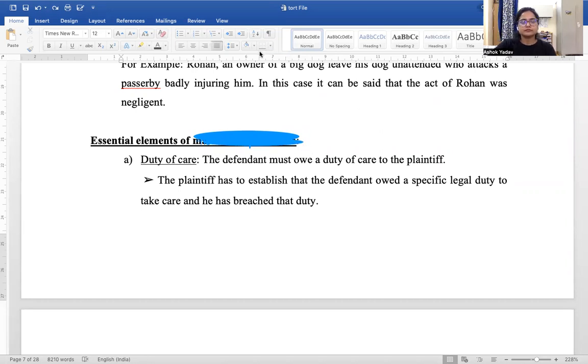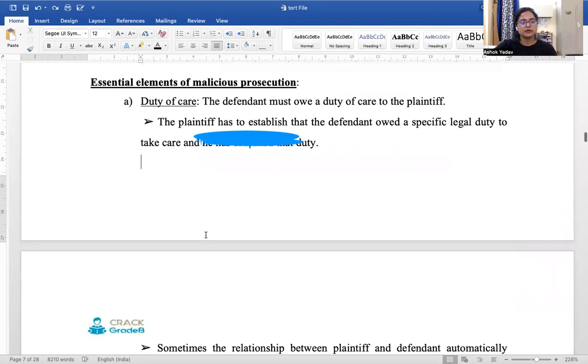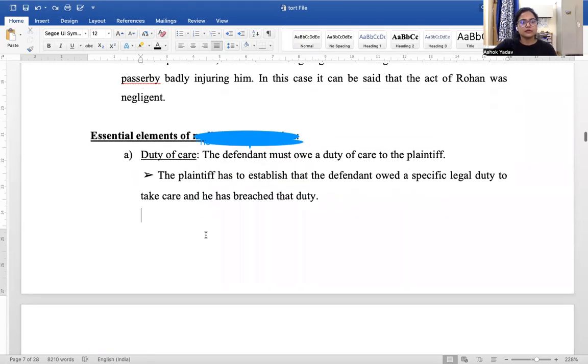Yeah. So the essential elements of negligence. The first most important element of negligence is duty of care, right? The defendant must owe a duty of care to the plaintiff.